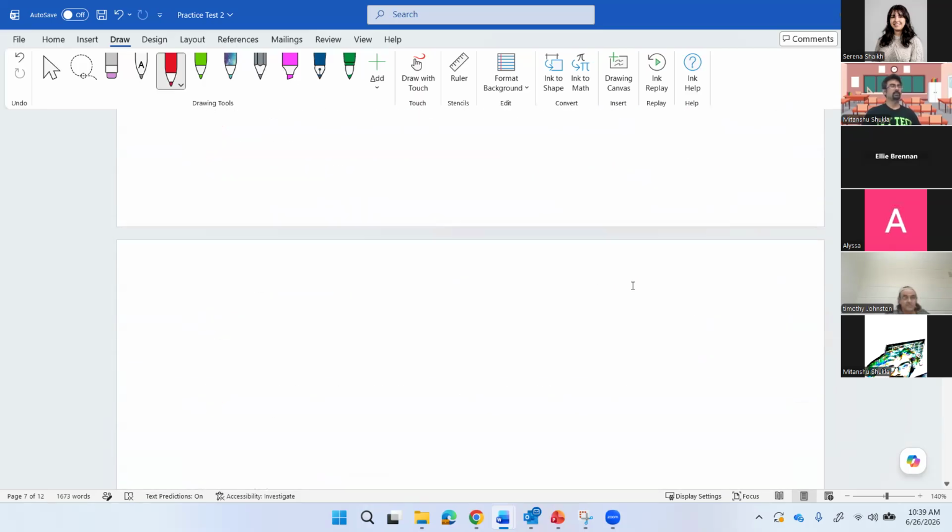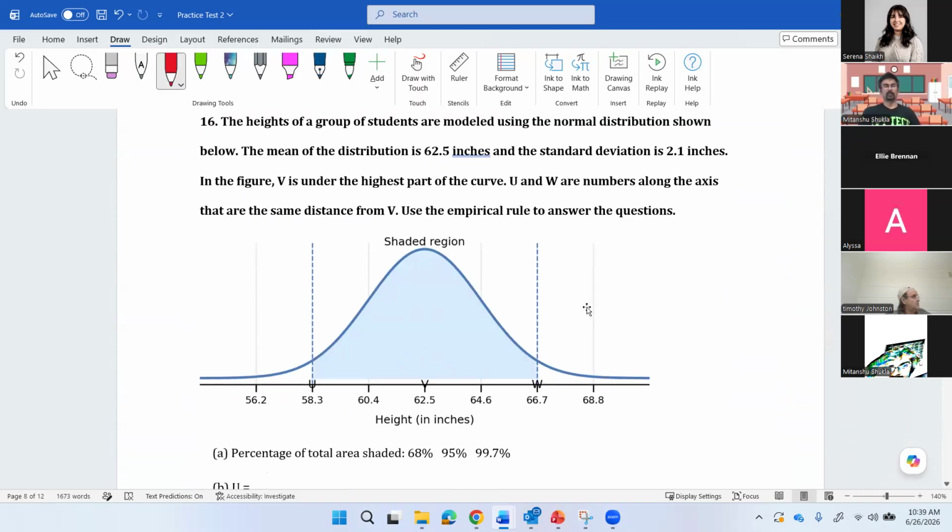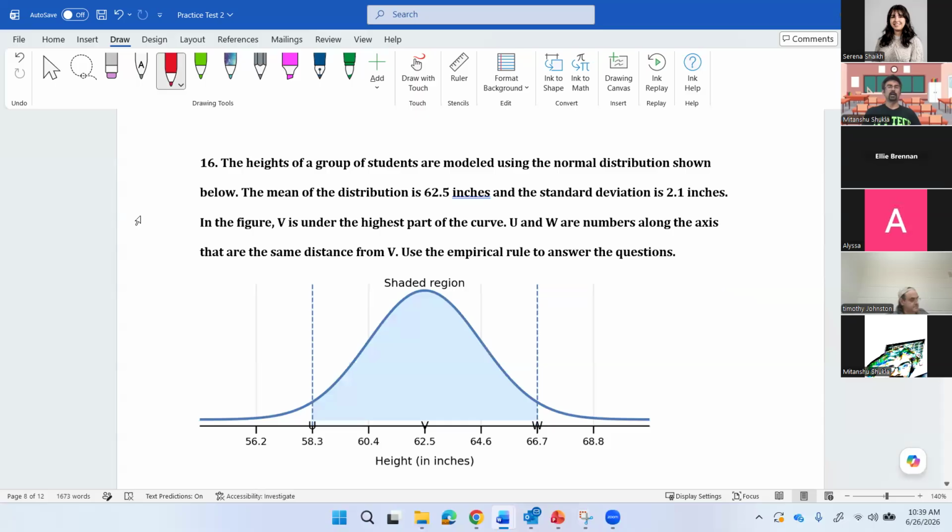Okay. Moving right along. Number 16. The heights of a group of students are modeled using the normal distribution shown below. The mean of the distribution is 62.5 inches.